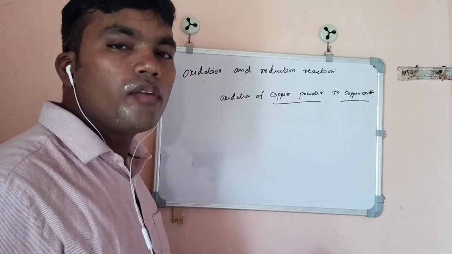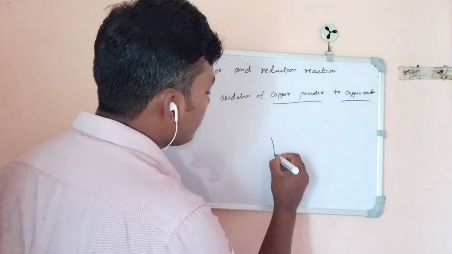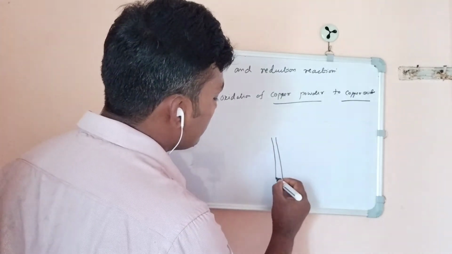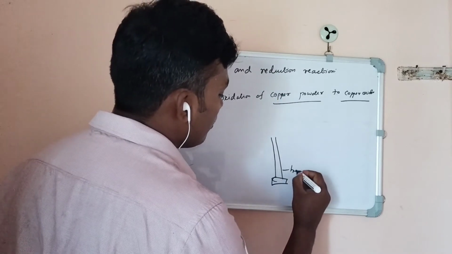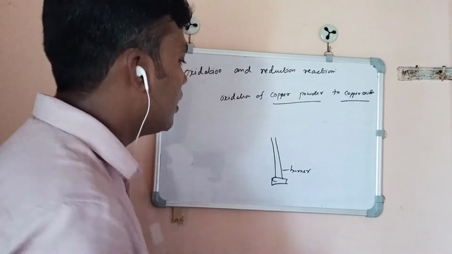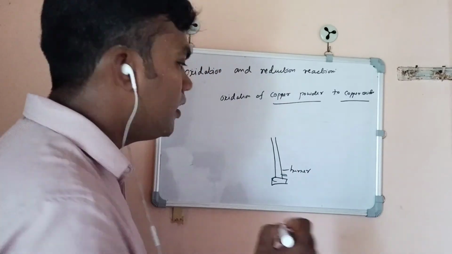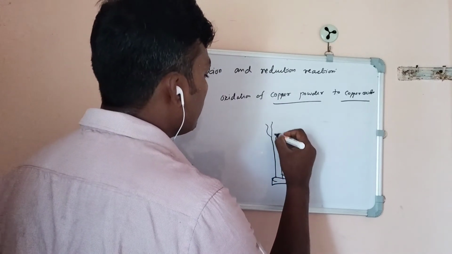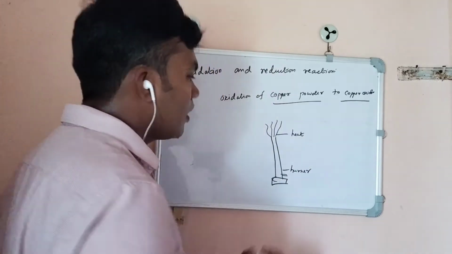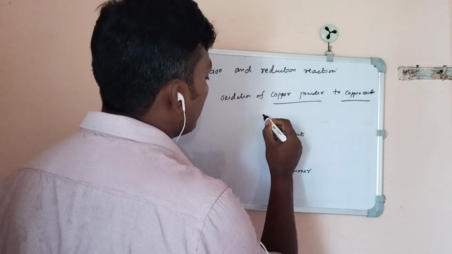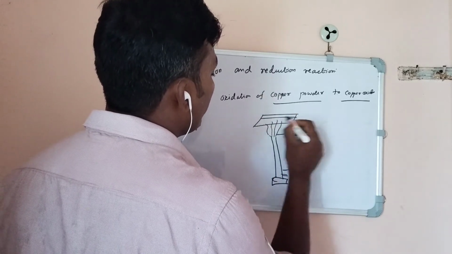What they have given in your book as an example: this is a burner. Now what you are going to give here is heat. Then keep a wire gauze.